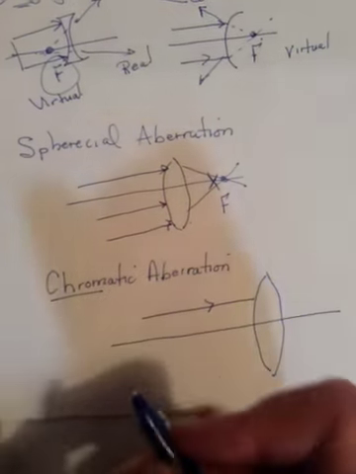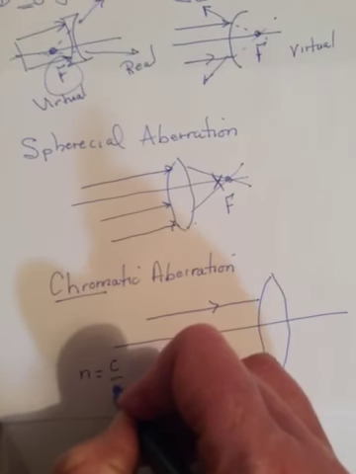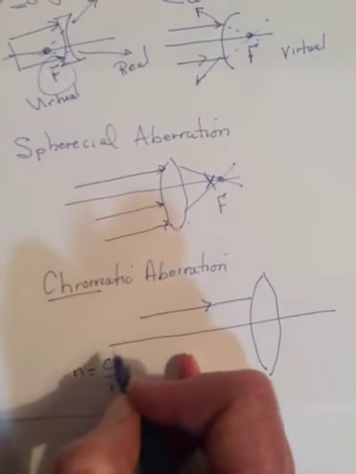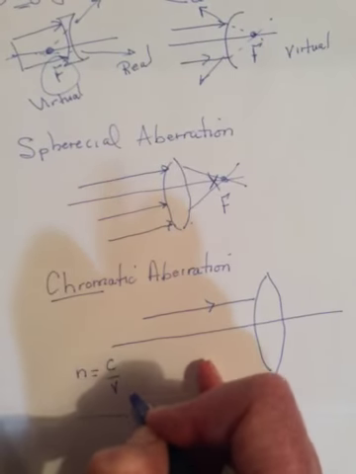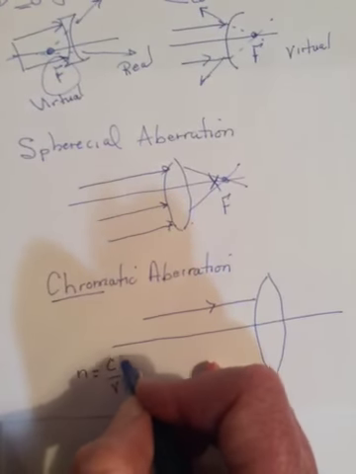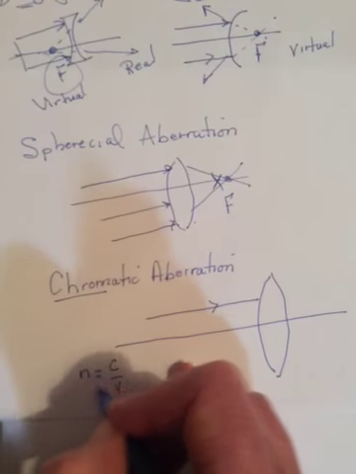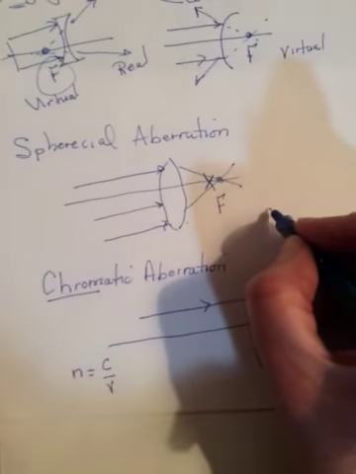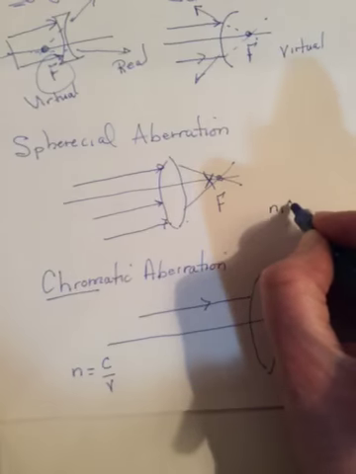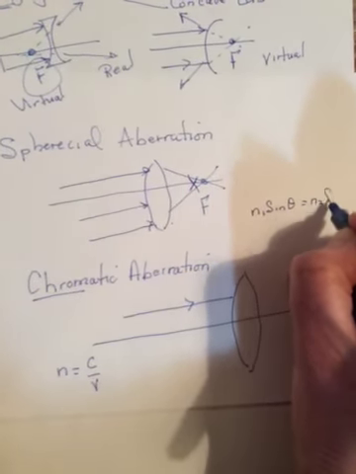And because they all travel at different speeds, they all get bent a different amount. Remember, the index of refraction was the speed of light in a vacuum over the speed in the other material. So if they all travel at a different speed in the glass or plastic, they're all going to have different ends. And who cares? We care because remember, how much they get bent by is based on Snell's law.